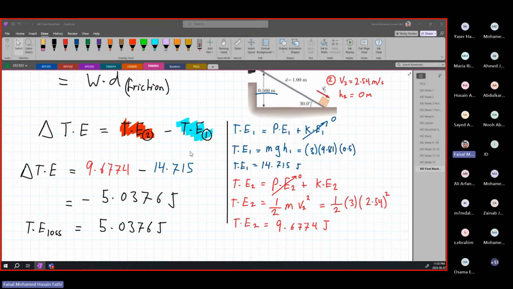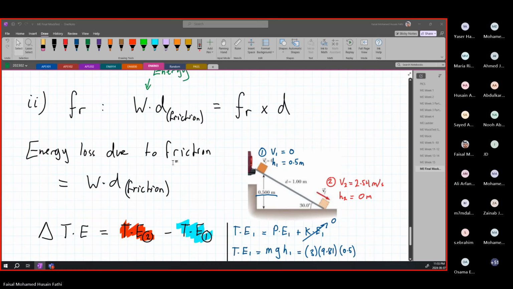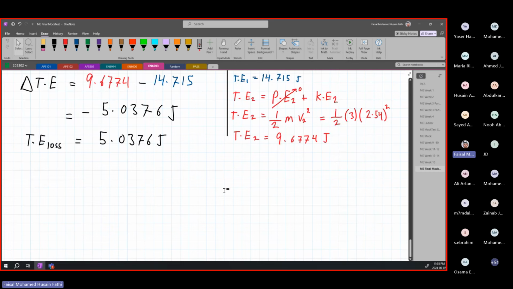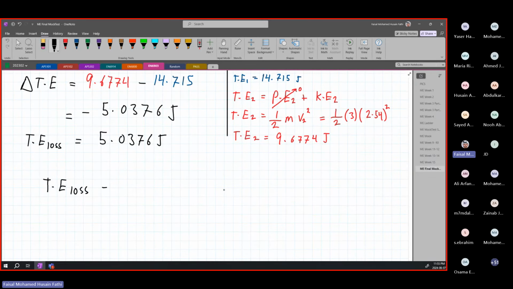However, we want to find our friction. This total energy loss is equal to the work done by friction, so we can plug it into the equation over here. Total energy loss is equal to the work done by friction, which is equal to the friction force times the distance.